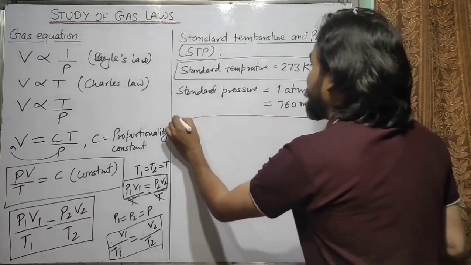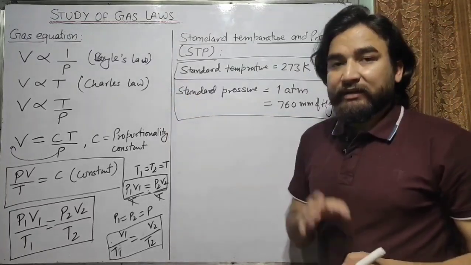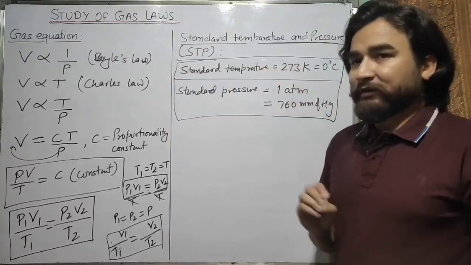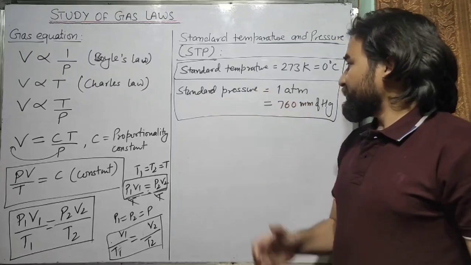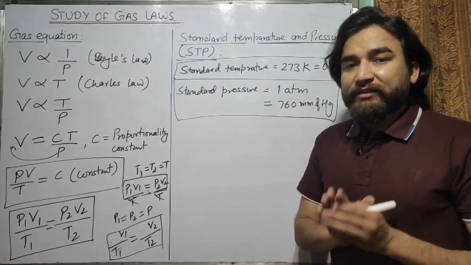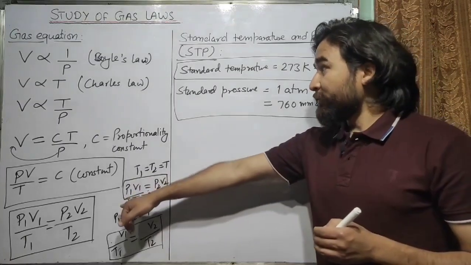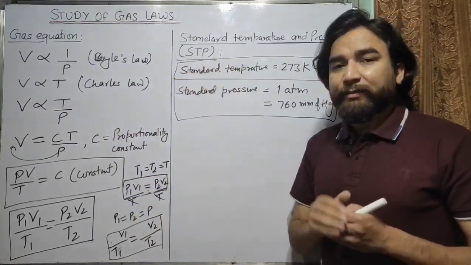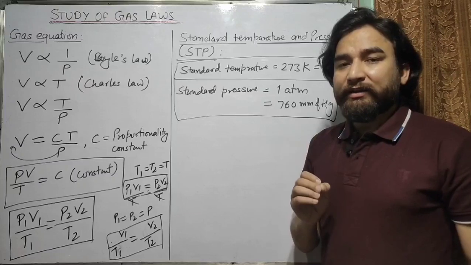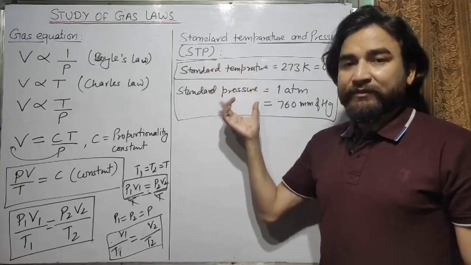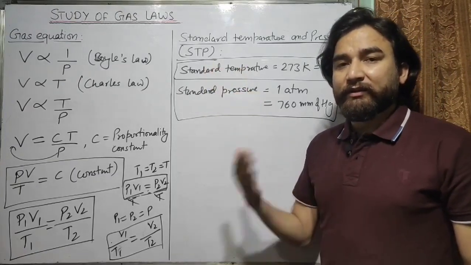You have to remember these 2 points. Standard temperature is 273 Kelvin and standard pressure is 760 mm of Hg or 1 atm. Generally questions may be asked from the gas equation and standard temperature and pressure simultaneously, so the condition of standard temperature and pressure can be given in the question.